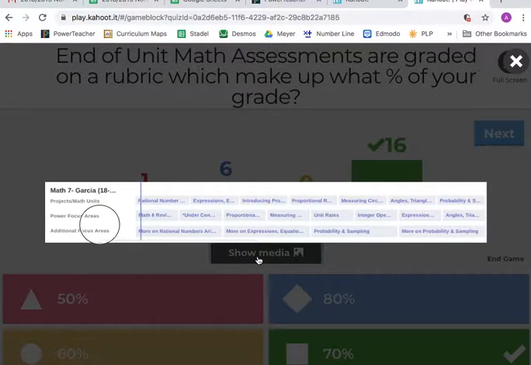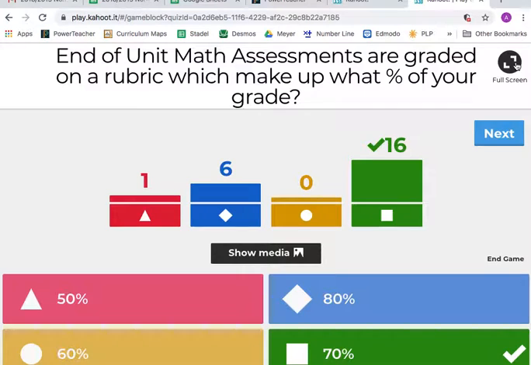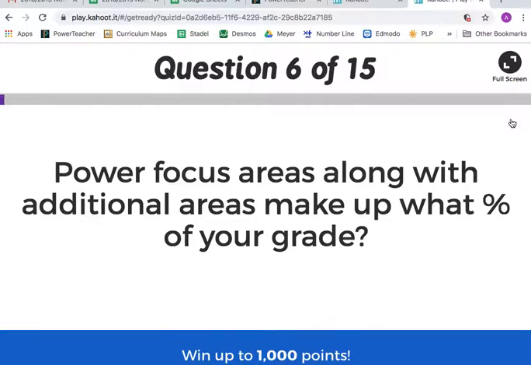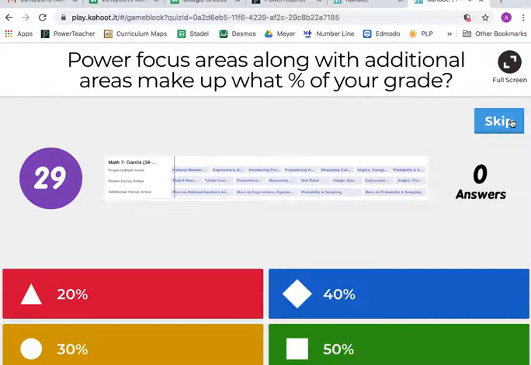All right, this is just an interactive activity. Power focus areas along with additionals make up what percent of your grade now?